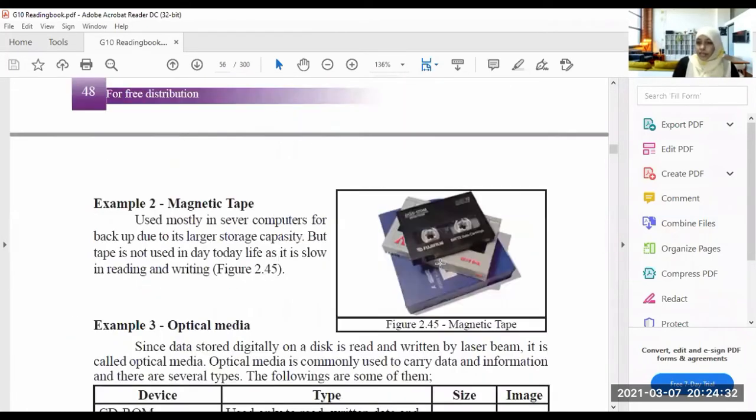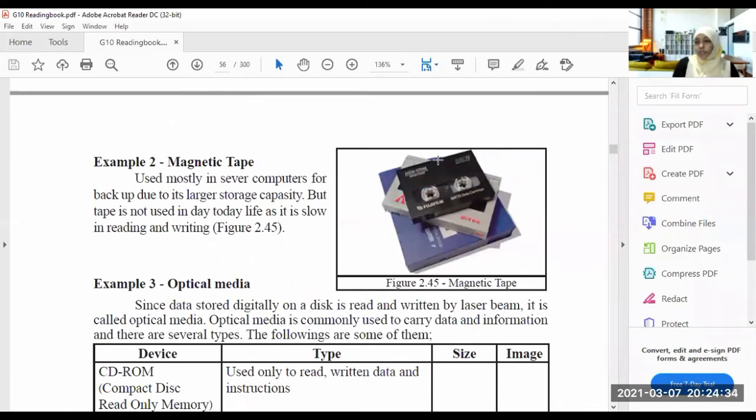Next one is the magnetic tape. I think you haven't seen a magnetic tape, but magnetic tapes are also used to store data and information, and they are also called cassettes. Maybe your parents know about these. They are used mostly in servers for backup due to their large storage capacity, but tape is not used in day-to-day life as it is slow in reading and writing.